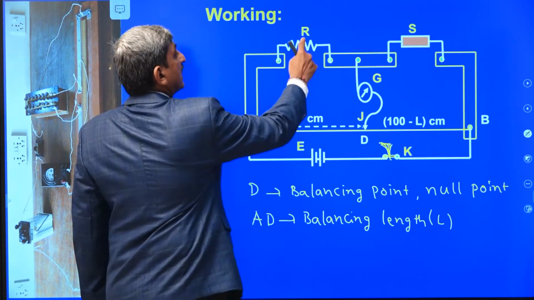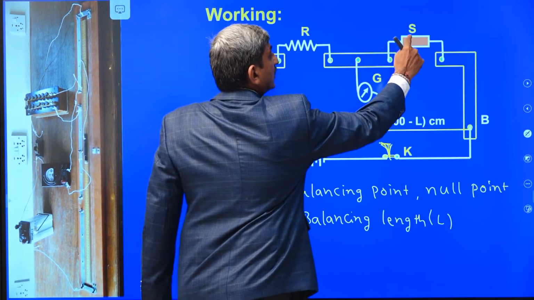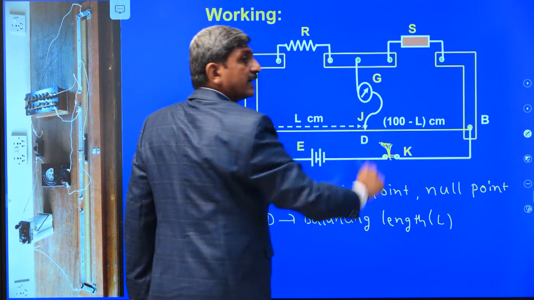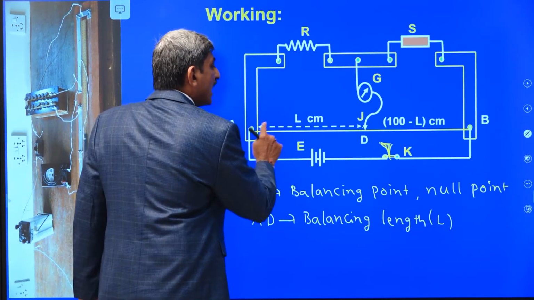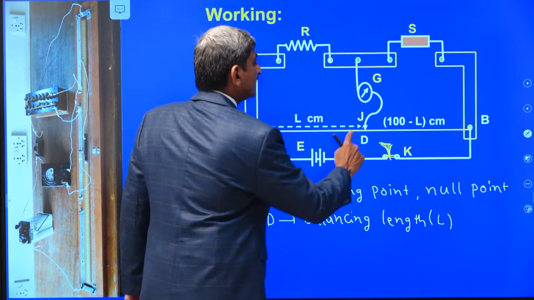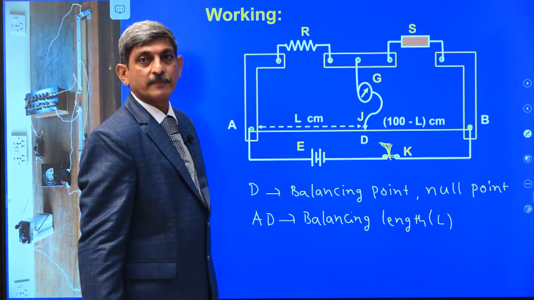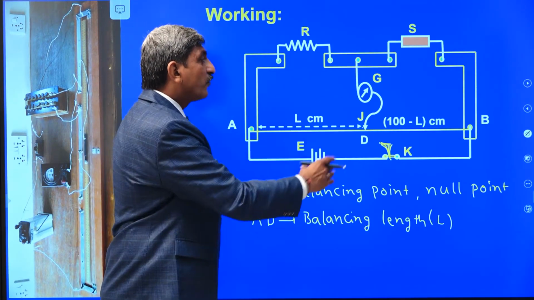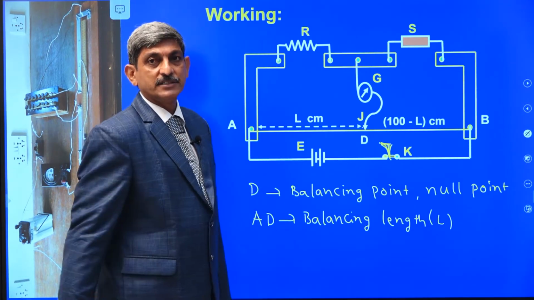One is the unknown resistance R in the left gap, the other is the known standard resistance in the right gap. The third is the resistance offered by this AD portion of the wire, and the fourth is the resistance offered by the DB portion of the wire. Now, these four resistors are forming the four arms of the Wheatstone bridge.